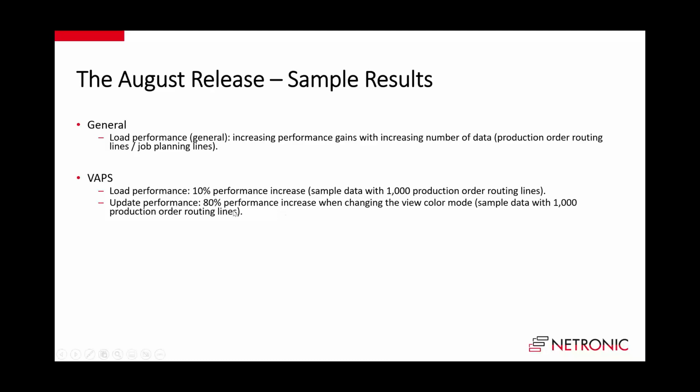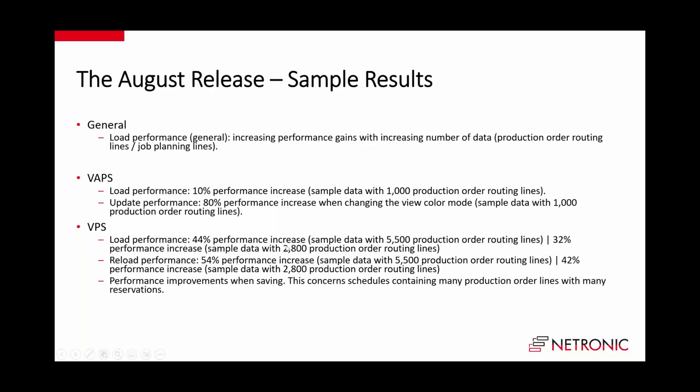And this is something we are extremely proud of, that once you have the data in the visualization, it becomes much faster, an 80% increase in speed. With the VPS, we have 2 bigger sample databases.